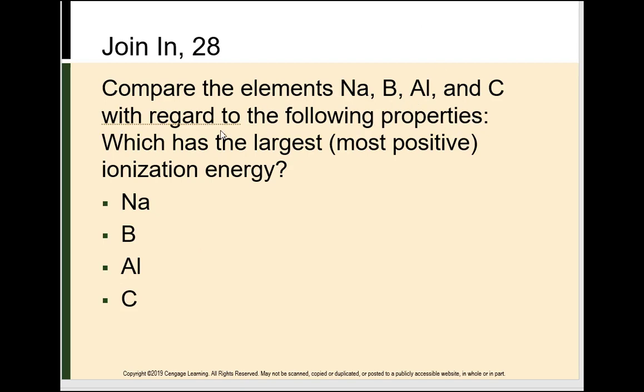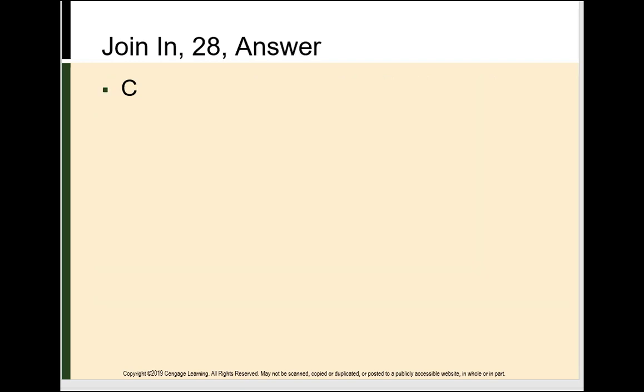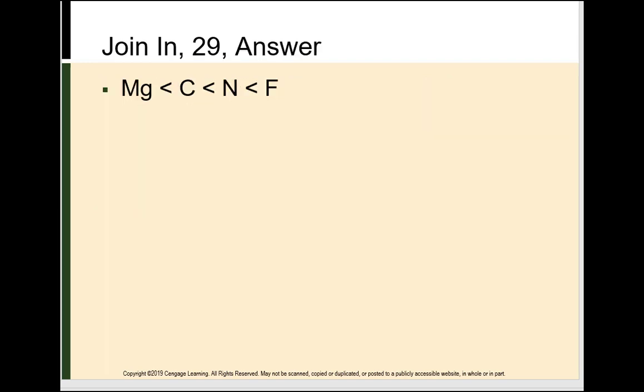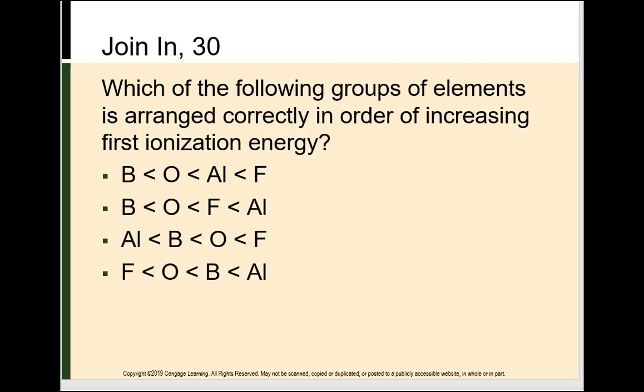Compare these elements with regards to the following properties. Who has the largest or most positive ionization energy? Carbon. What about arranging these in order of increasing first ionization energy? So to remove one electron. What about these ones in order of increasing first ionization energy?